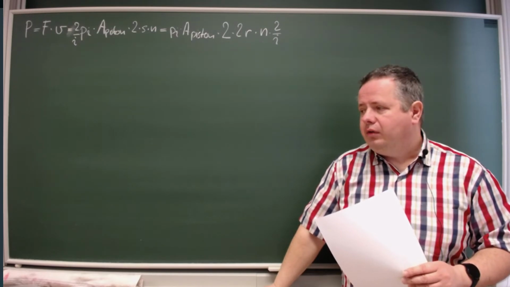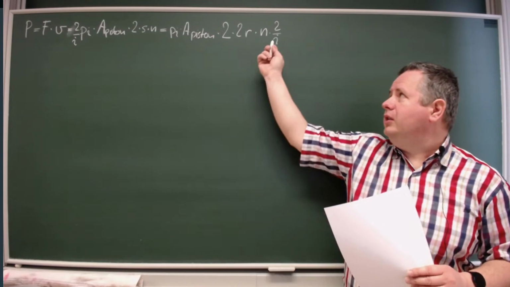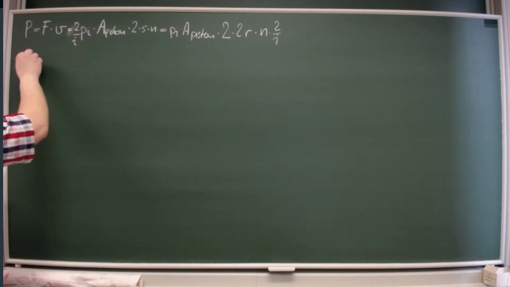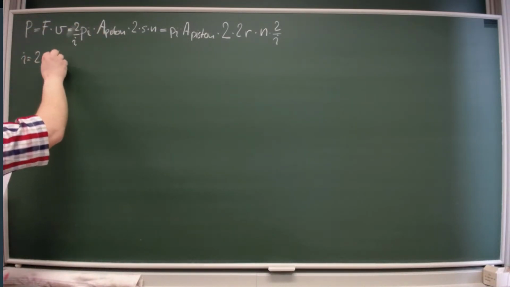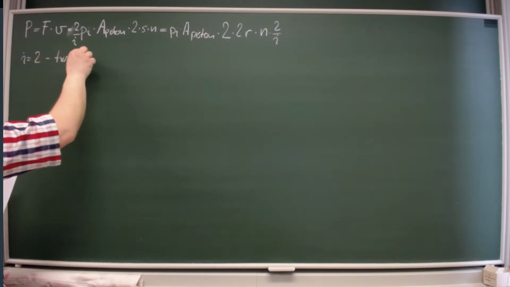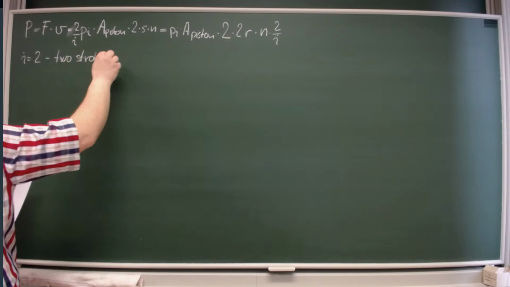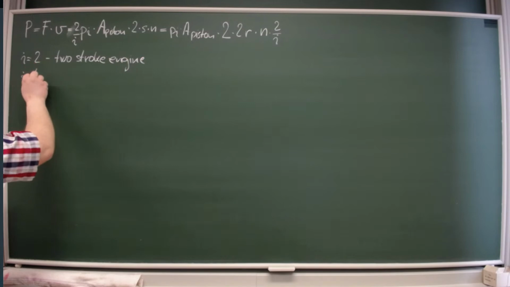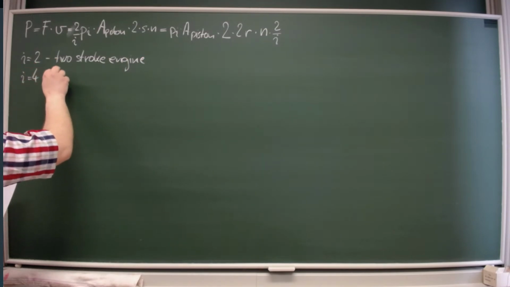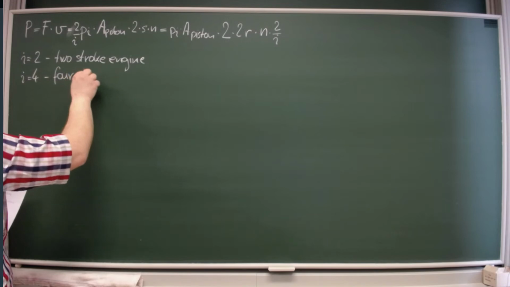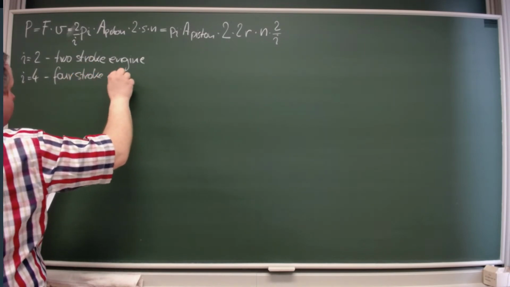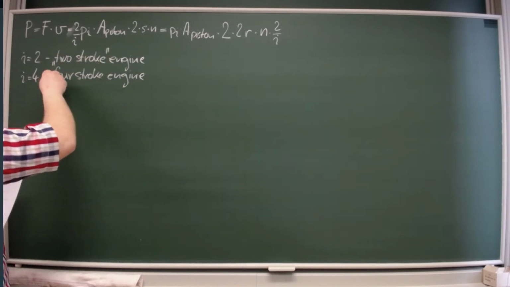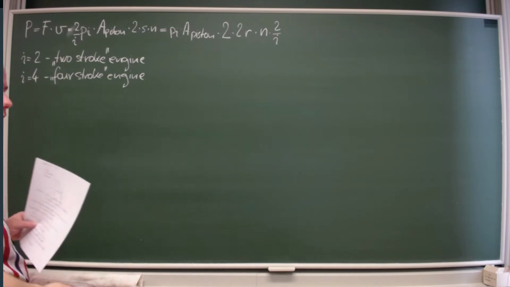So I will talk about this i, where i equals 2, this is the so-called 2-stroke engine, and i equals 4 for the so-called 4-stroke engine. And I make here, what's the word in English?